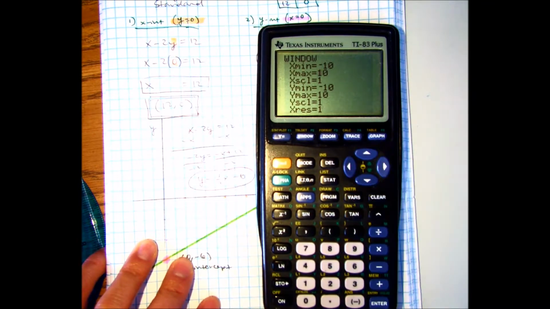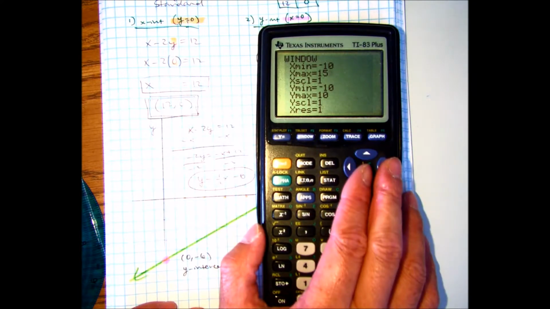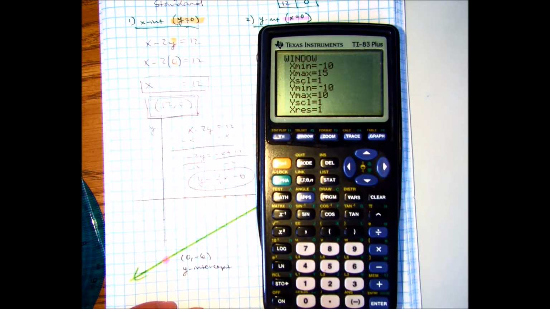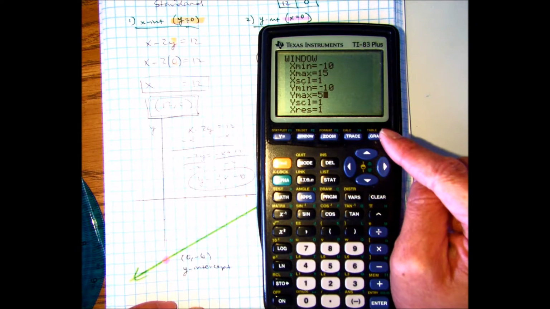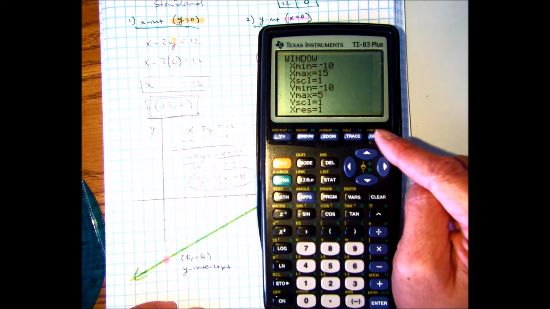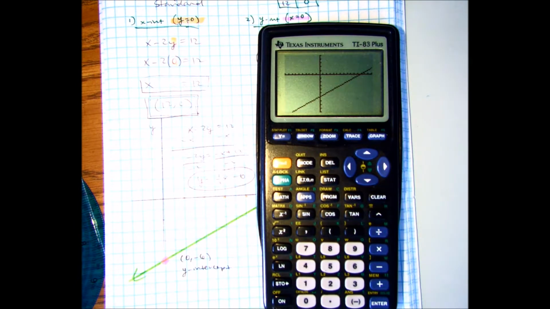X max I can increase to maybe 15, where you know the answer is 12. And then the y max I don't need as much, so maybe put it at 5. And then I'll press graph. So you can see we're manually changing it so we can see the window.